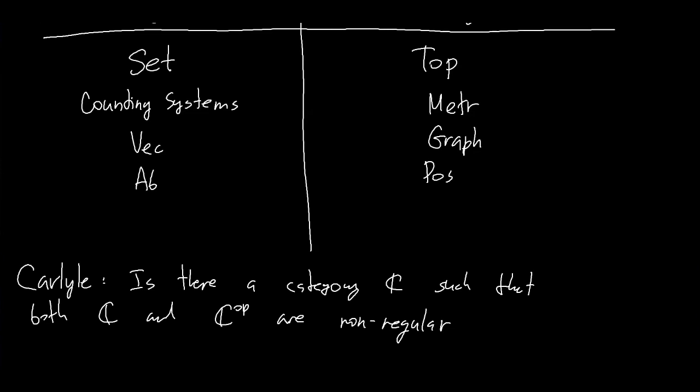Well, metric spaces is such a category, but it's for bad reasons. I mean, it doesn't have products, and what about co-products, co-equalizers? I'm not sure actually about that. I'm not sure about graphs and posets either, whether their duals are regular or not.